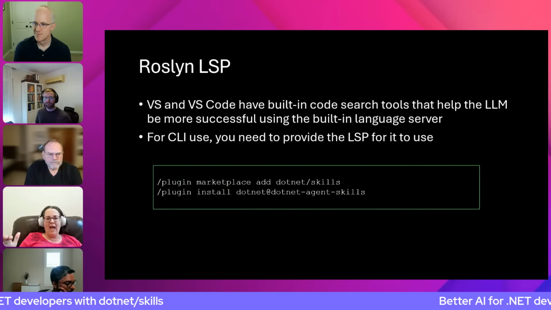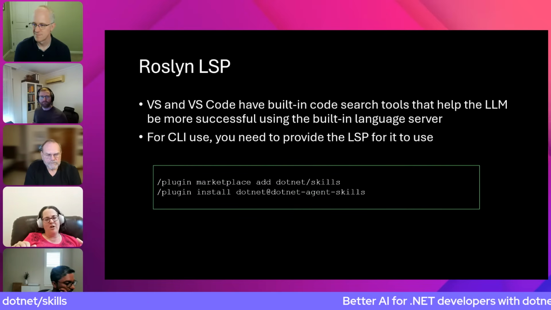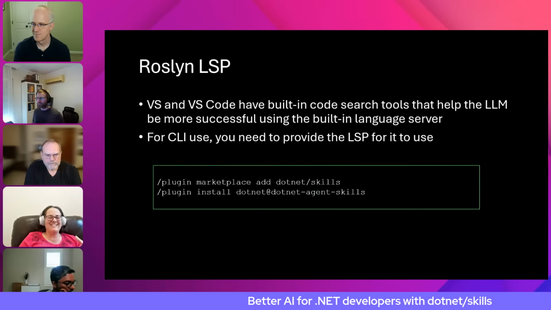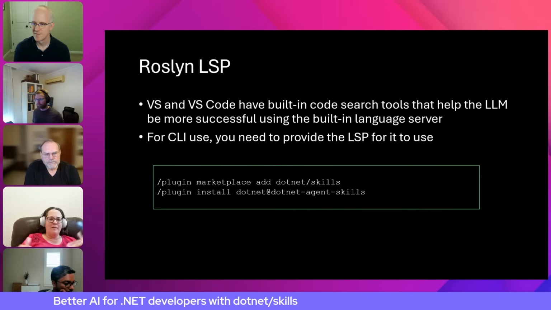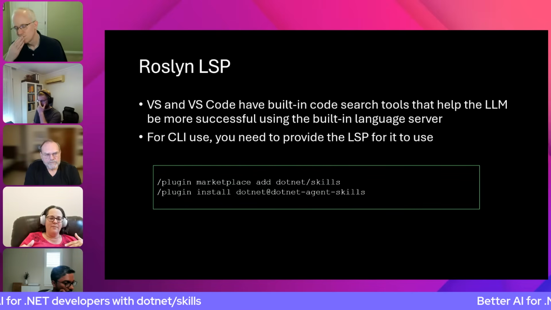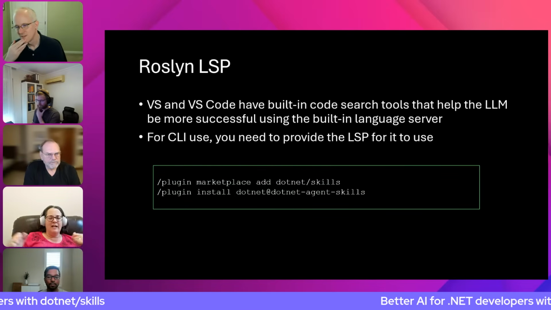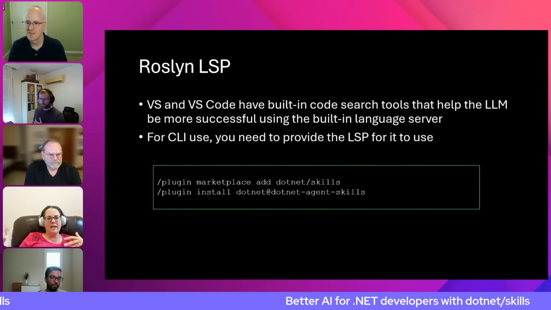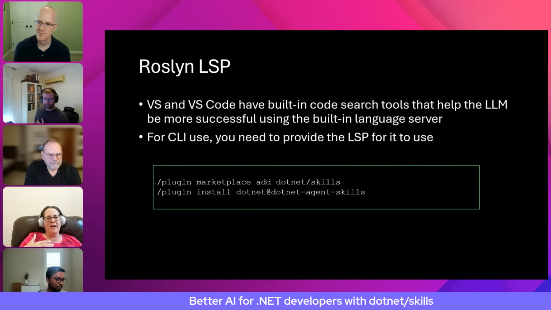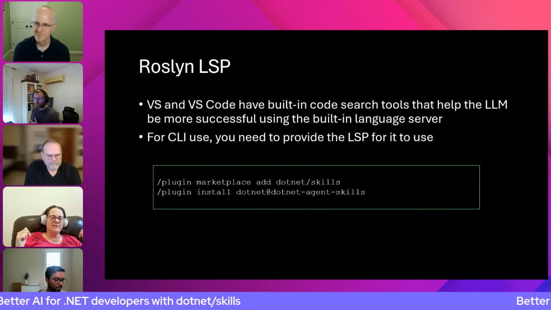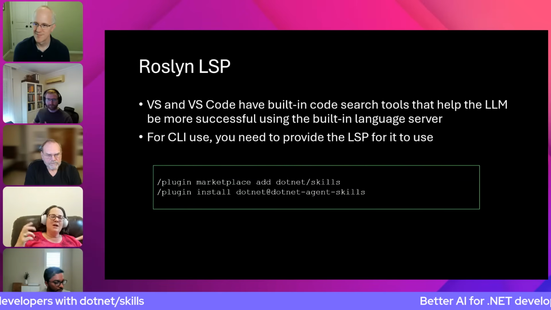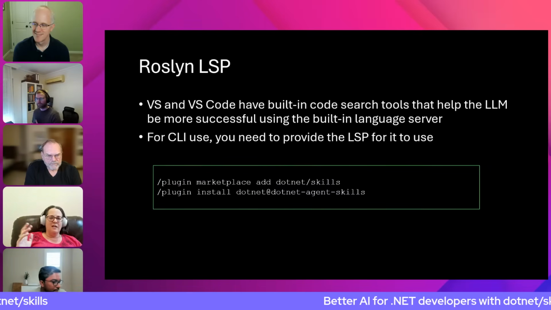We have this built right into our .NET skill, and so you can add the plugin marketplace and then pull in that plugin from the .NET Agent Skills plugin marketplace, and it will install that LSP for you. And the next time you run the CLI, it will start being much more successful in finding the code that it's looking for.